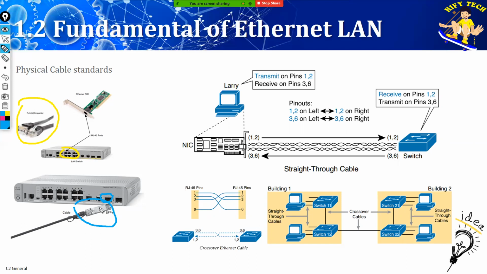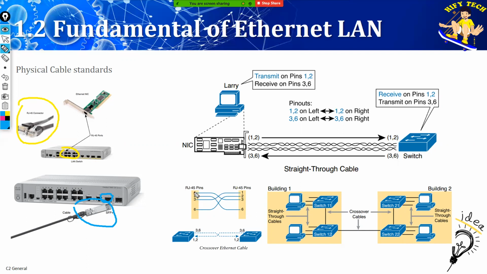SFPs are pluggable connectors, whereas for Ethernet they are fixed. We cannot replace them. So for SFP ports, some of the ports support 1 gig or 10 gig depending upon the SFP inserted. SFP plus is for 10 gig. Same port, if we insert SFP, it will support 1 gig, and if we insert SFP plus, it will support 10 gig.